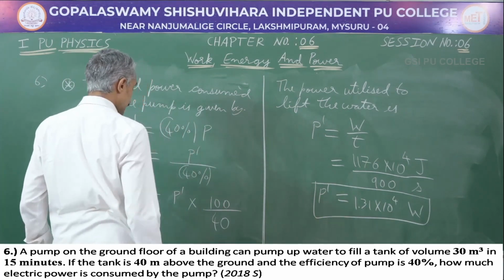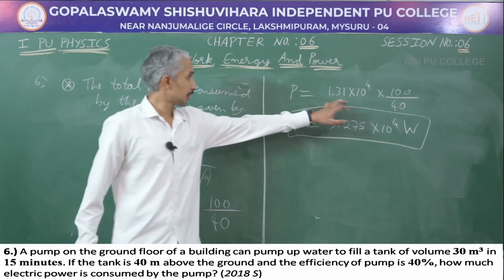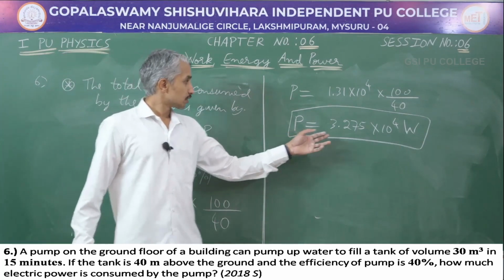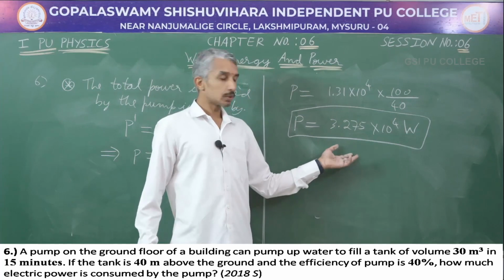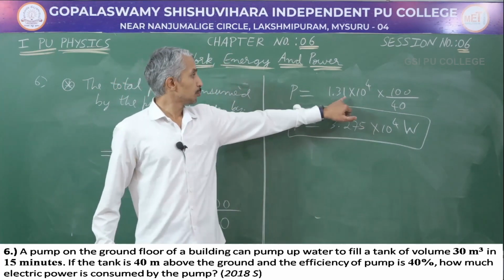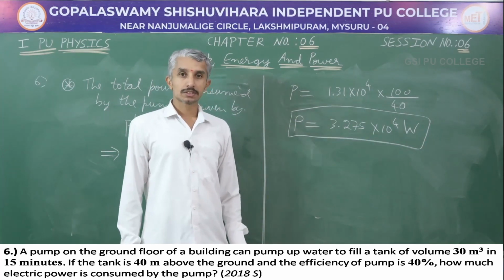Taking P dash as 1.31 into 10 to the power 4 watt, I will get the answer as 3.275 into 10 to the power of 4 watt. So this is the total power being given to the pump, of which only 1.31 into 10 to the power 4 watt is being utilized. This finishes this session. Thank you.